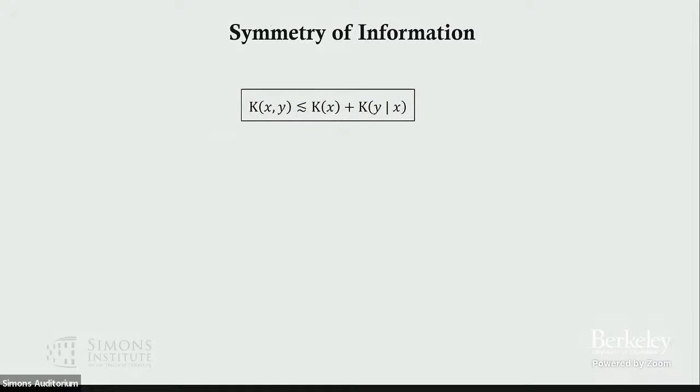First of all, if we have two strings, X and Y, then it is easy to see that the Kolmogorov complexity of X and Y is at most the Kolmogorov complexity of X plus the Kolmogorov complexity of Y given X. This is just because if we have a program that prints X and a program that prints Y given X, then we can combine them to get a program that prints both X and Y.